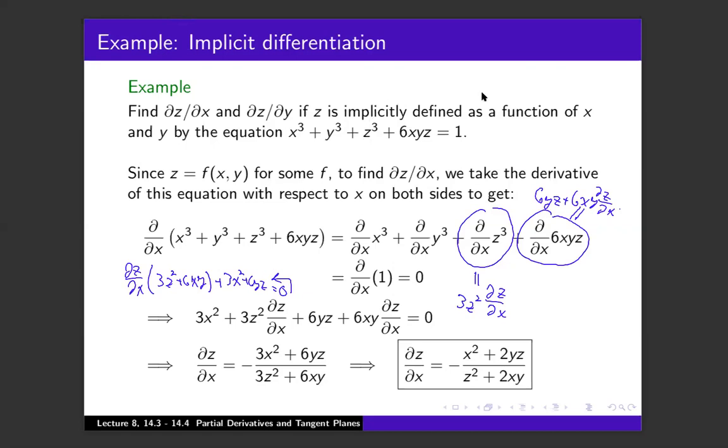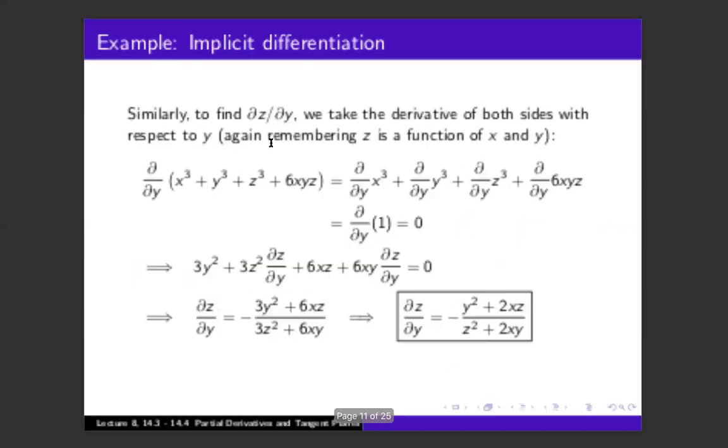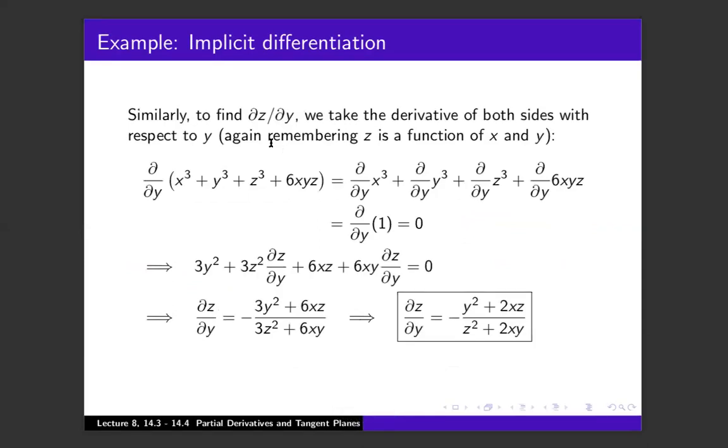How do we find the derivative with respect to y? Well, it's almost the exact same idea. In this case, you're going to take the derivative of both sides with respect to y. Once again, we have to remember that z is a function of both x and y. So take, for example, x cubed plus y cubed plus z cubed plus 6xyz.